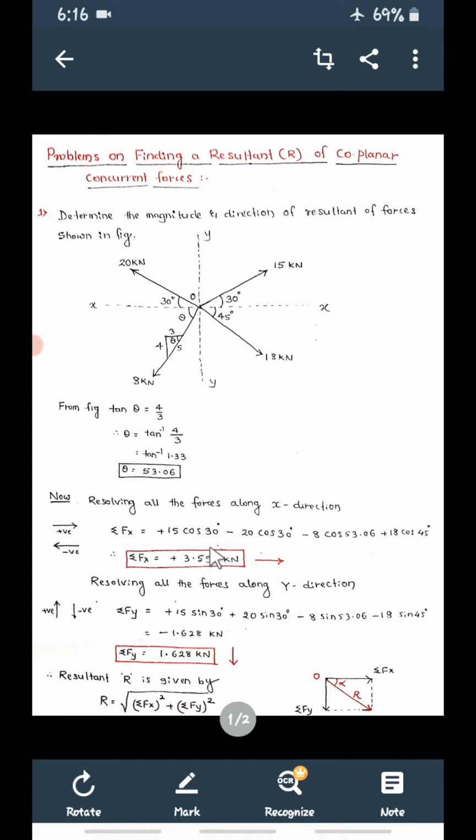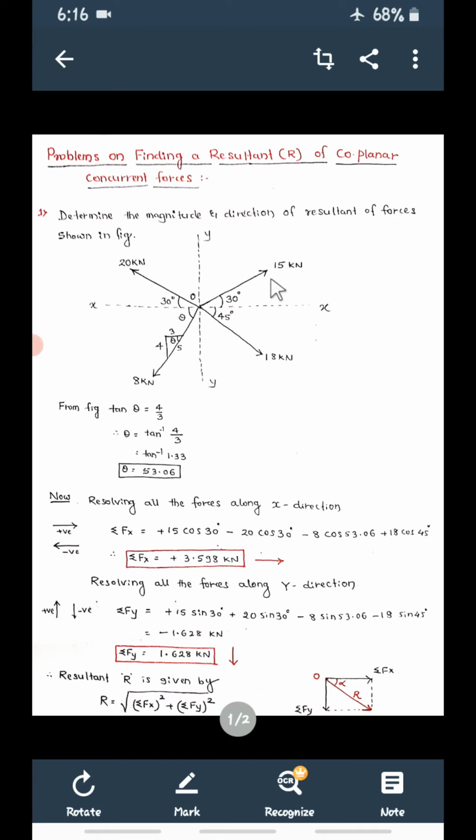Note down the important sign convention. Suppose this is point O. If the direction of the force is like this, in the positive direction, it is considered positive. If the force is moving in this direction, the negative x direction, it is negative.